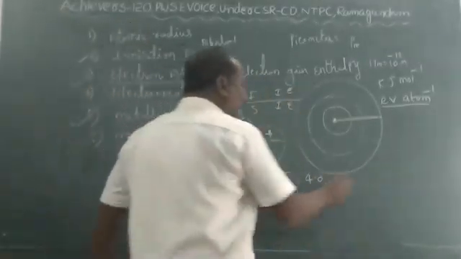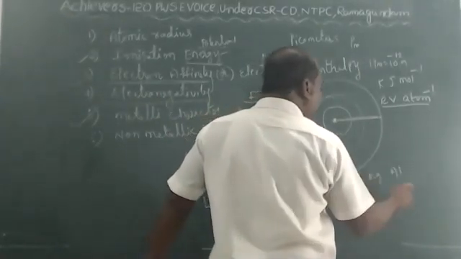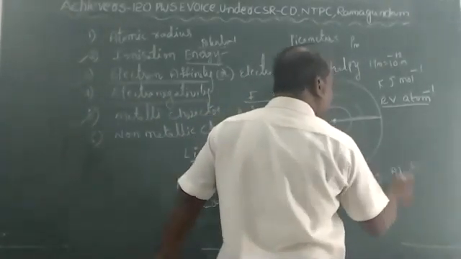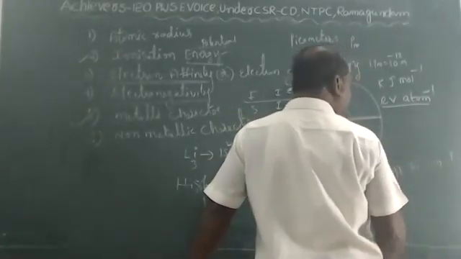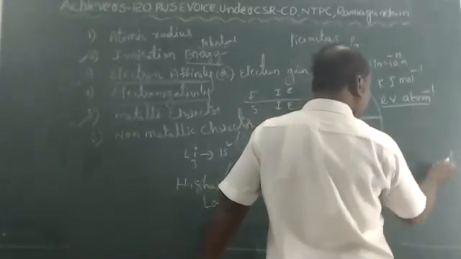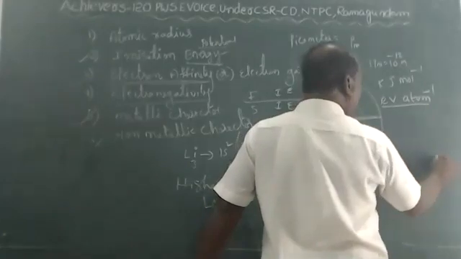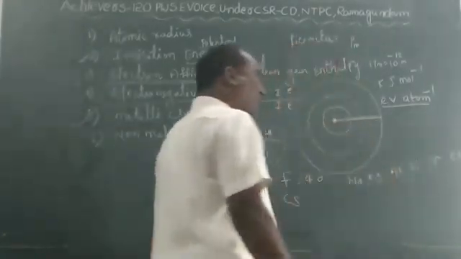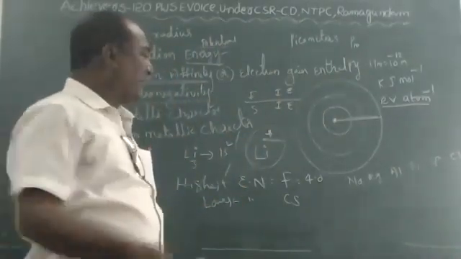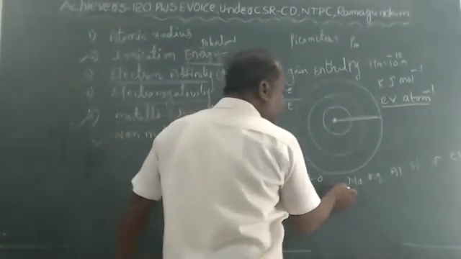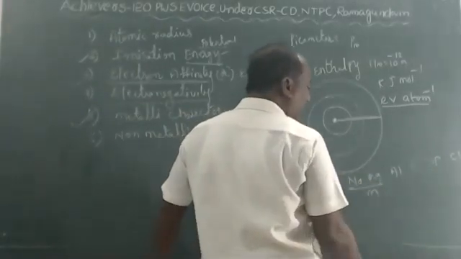For example, consider sodium, magnesium, aluminium, silicon, phosphorus and chlorine. Sodium and magnesium are metals.